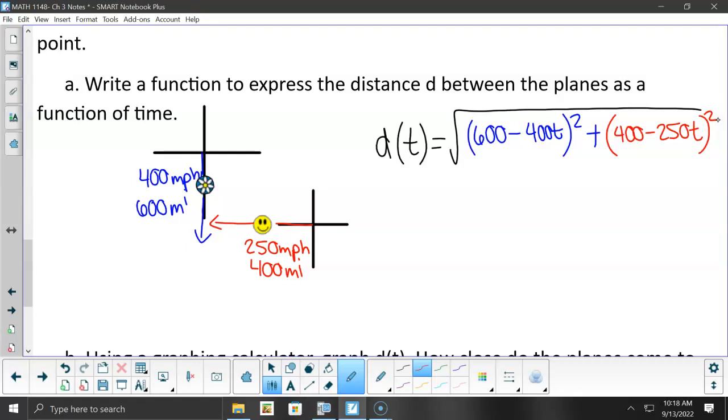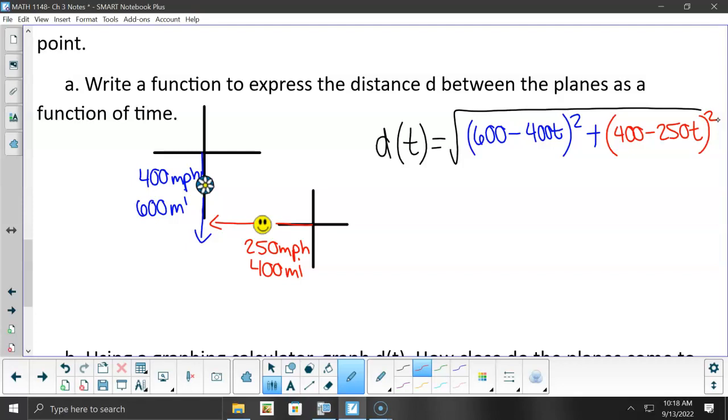Remember that formula, distance equals rate times time from physics? I'm trying to figure out if those distances are going to equal each other, because when those distances equal each other at the same time, those planes bump into each other. So in red, 400-mile distance minus the 250 for speed times time.